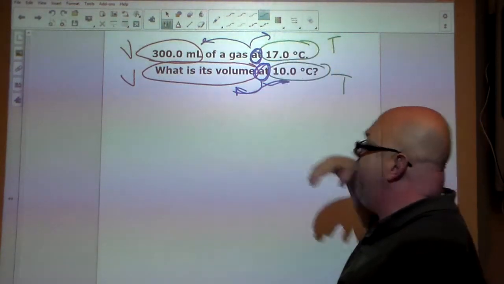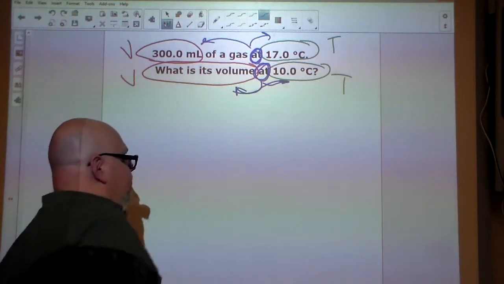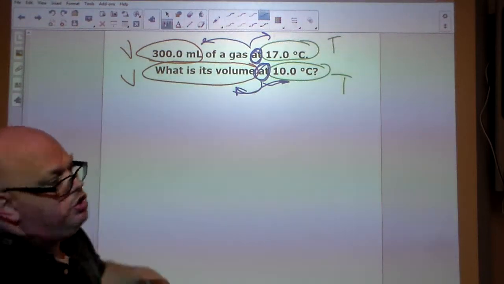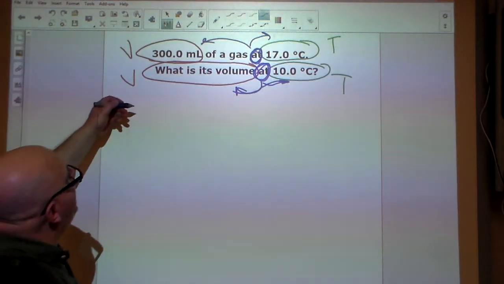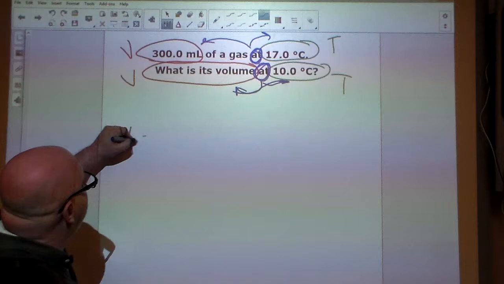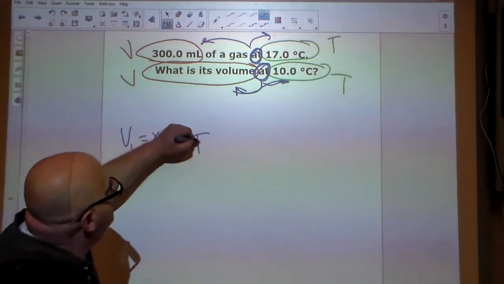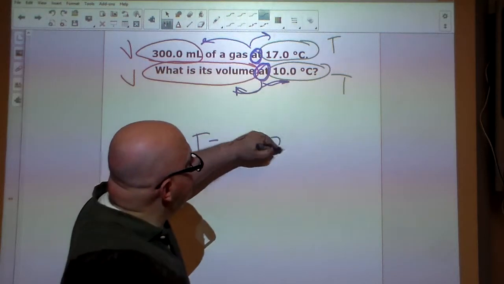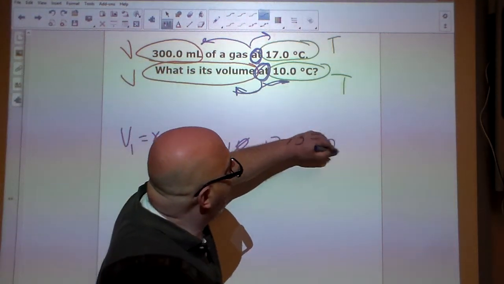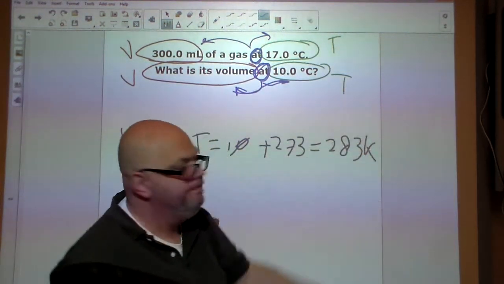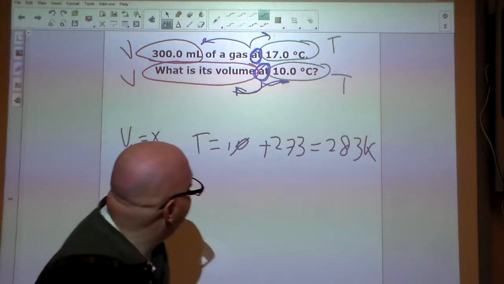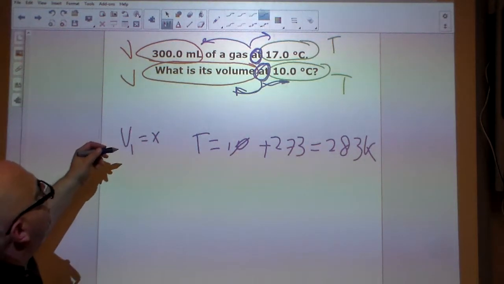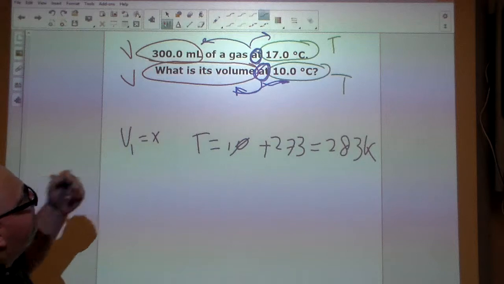Now we've got that. So does it matter which one is which? I'm going to say let V1 equal X. T1 equals 10 Celsius plus 273 equals 283K. Over here, we're going to have V2. Well, what's V2?